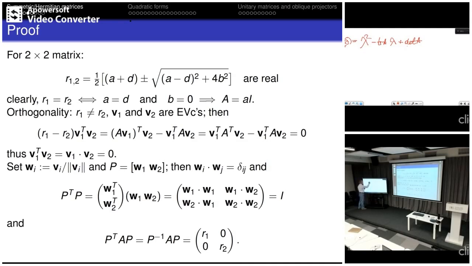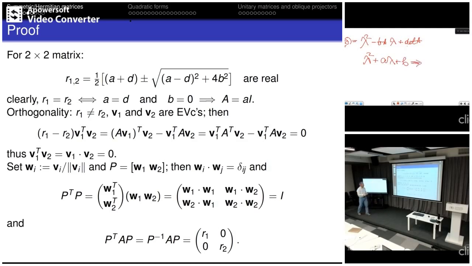So you can solve this quadratic equation. We have the formula for the roots. Do you remember, if you have x squared plus ax plus b, then the roots are, yes, the quadratic formula: minus a over 2 plus minus square root of the discriminant.